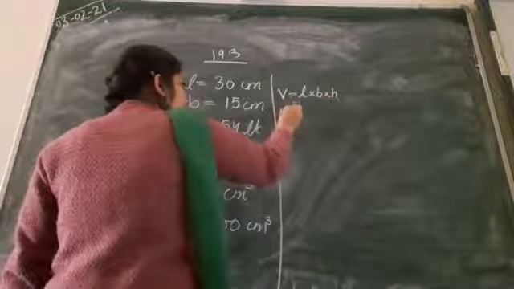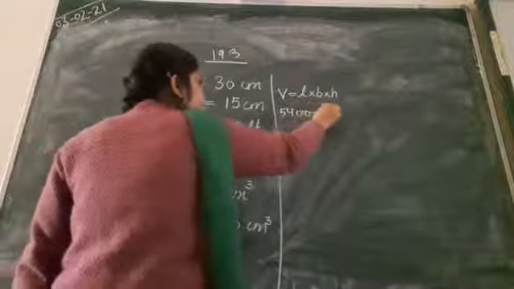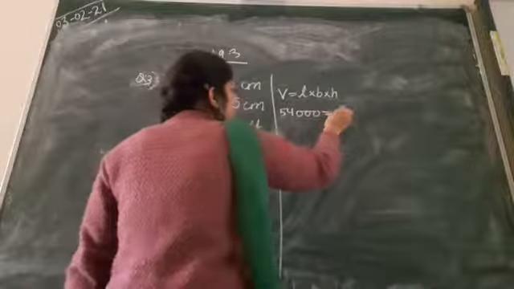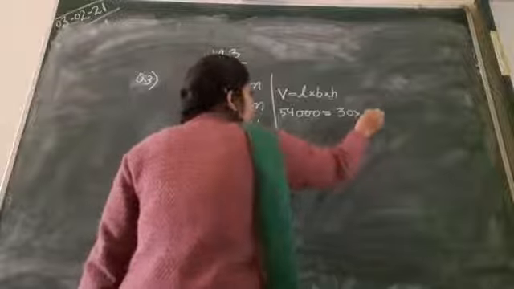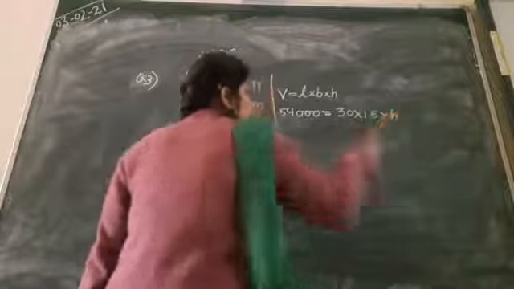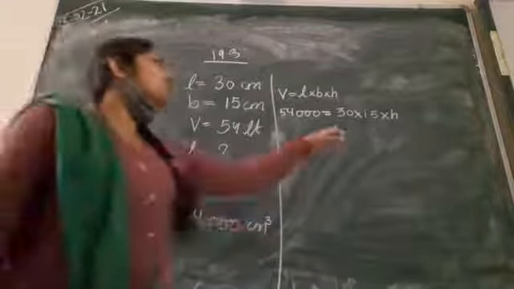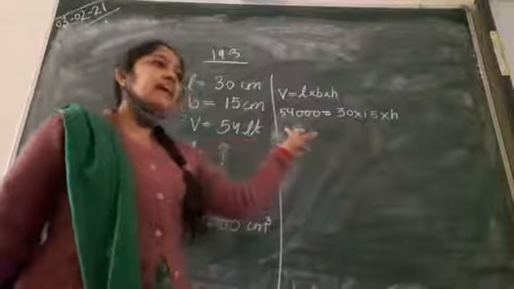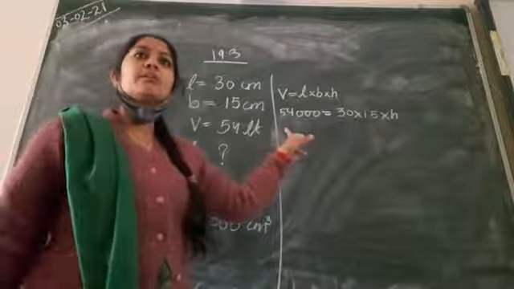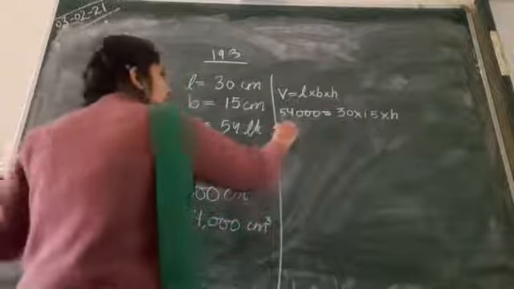So 54,000 is equal to 30 into 15 into H. Now I will bring this 30 and 15 to this side in the denominator, right? Yes. And in this manner we will get our height.